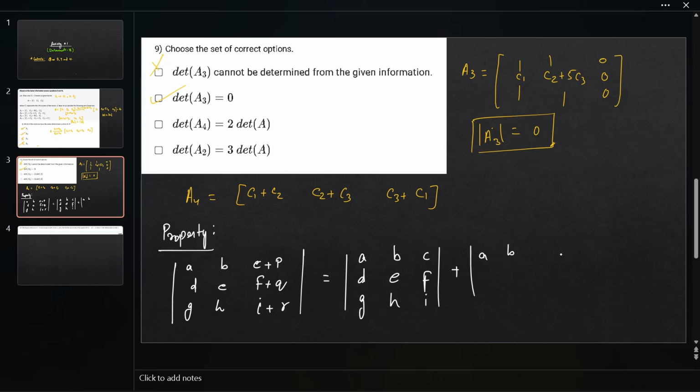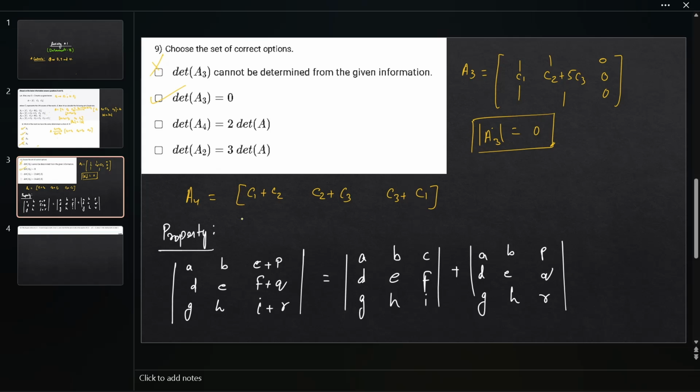So we had C over here, we'll put P over here, and then we have D, E, Q, and then G, H, R. This is the property that we have for the determinant.